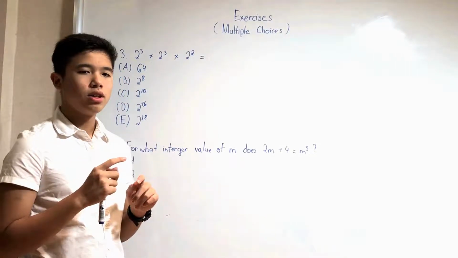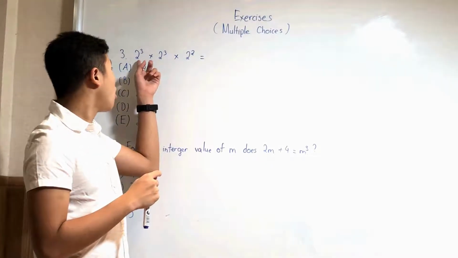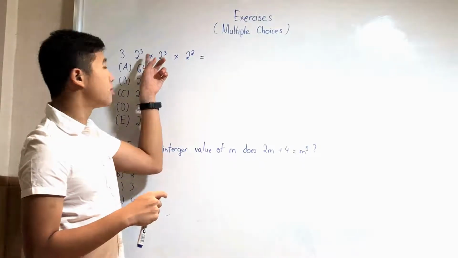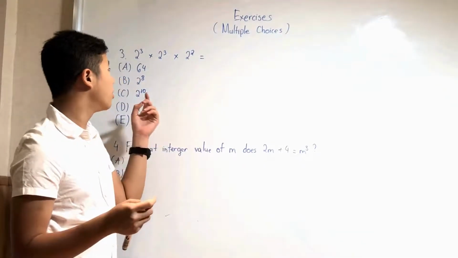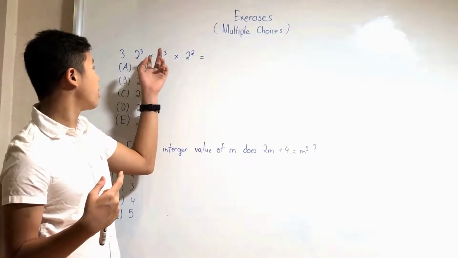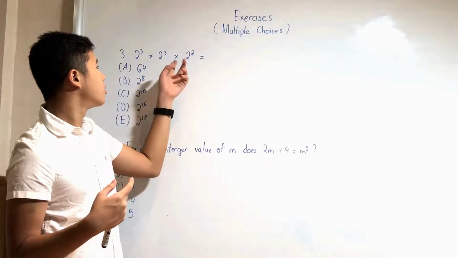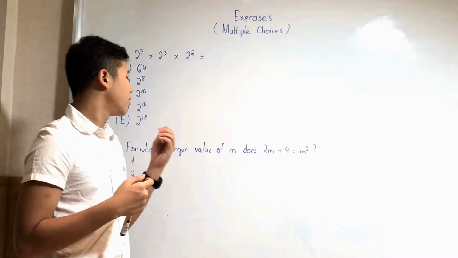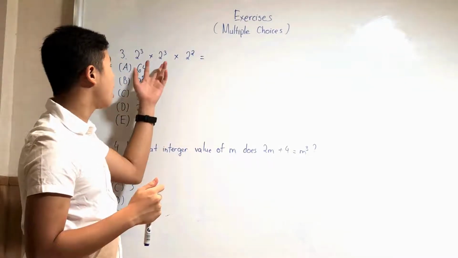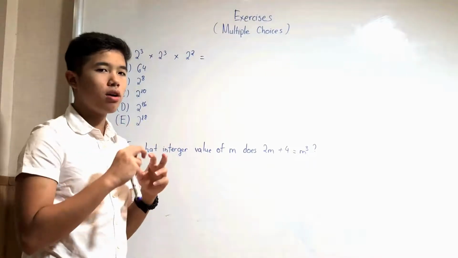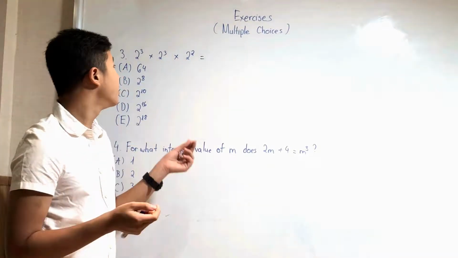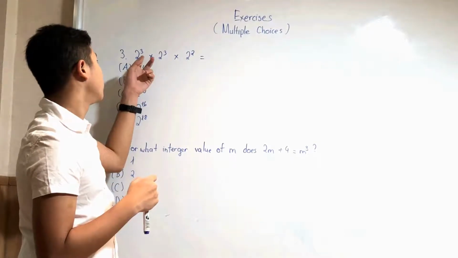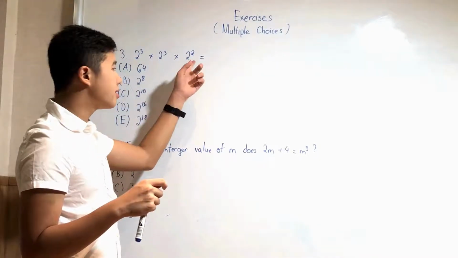The strategy here is, if you see that the bases are the same but the exponents are different, just add all the exponents together. 3 plus 3 is 6, 6 plus 2 is 8.